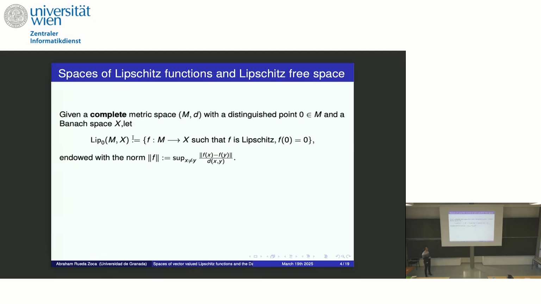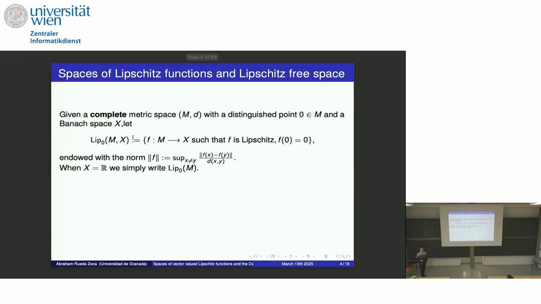Given any Banach space X, we consider Lip0(M,X), the space of all the Lipschitz functions from M to X which vanish at our distinguished point, which is a Banach space when endowed with the classical Lipschitz seminorm given by the best Lipschitz constant. The fact that Lip0 contains no other constant function but the 0 function makes this seminorm into a norm, and it is even complete.